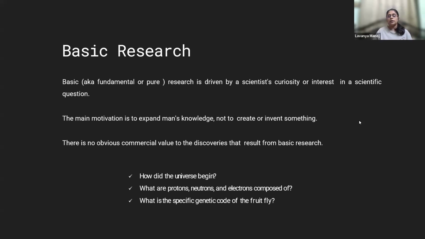So all these come from some researchers' curiosity, and that curiosity made them come up with the research question, and they are going to find a solution for it. So this is basic research.